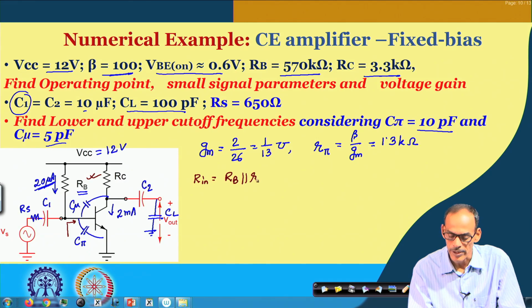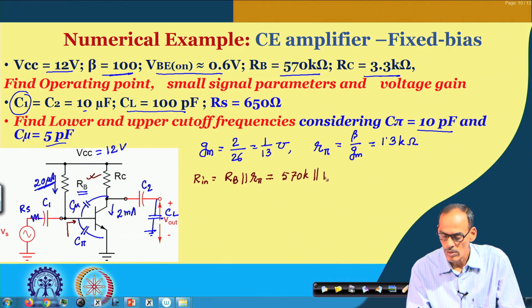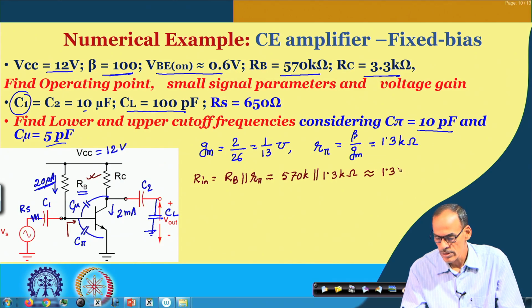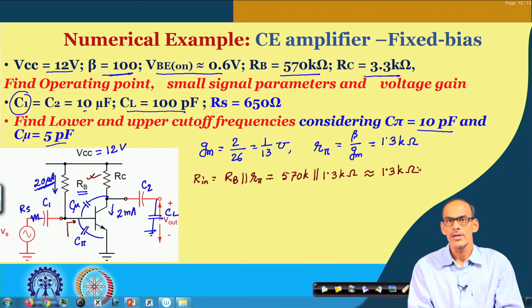So, that is R pi, and this is equal to 570 K in parallel with only 1.3 kilo ohm. So, you can approximate this by considering 1.3 kilo ohm is dominating. So, that gives us the input resistance.